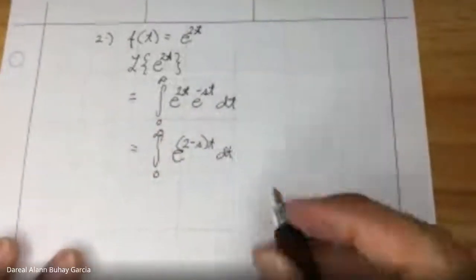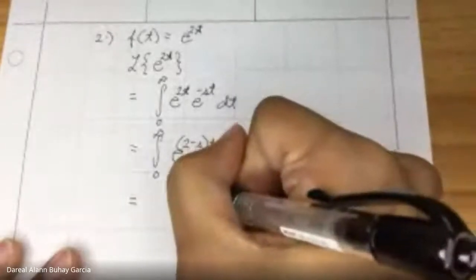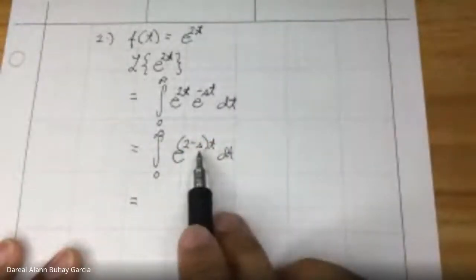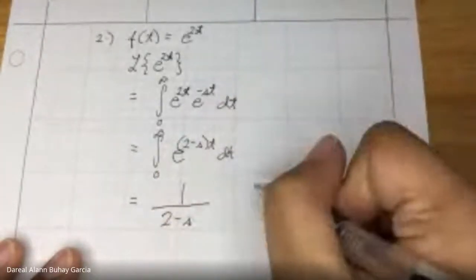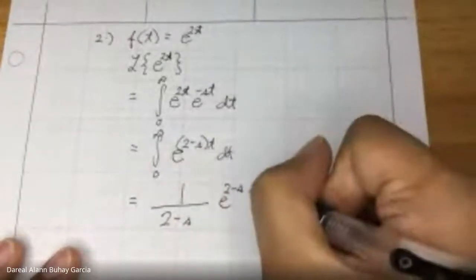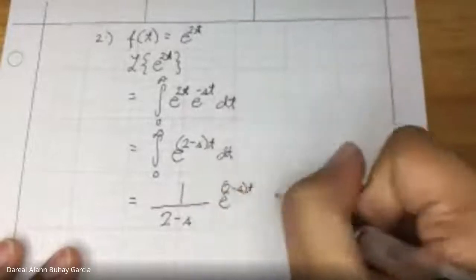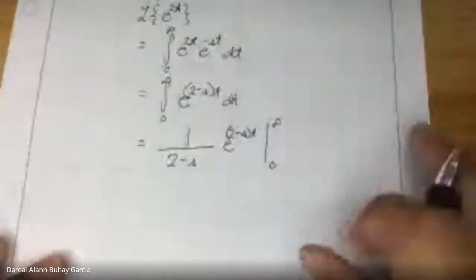We can combine them. So we get positive 1 over 2 minus s, e to the power of 2 minus s times t, evaluated from 0 to infinity.